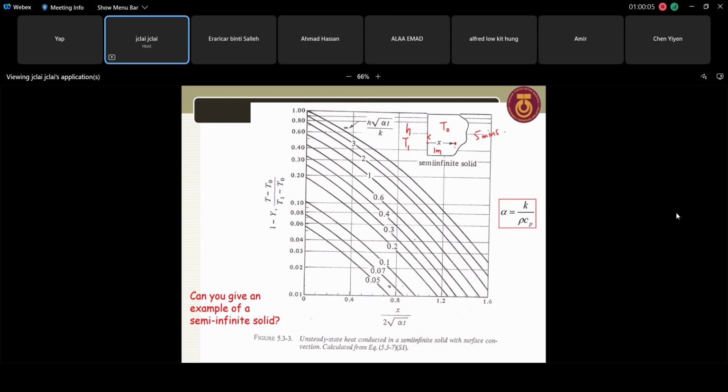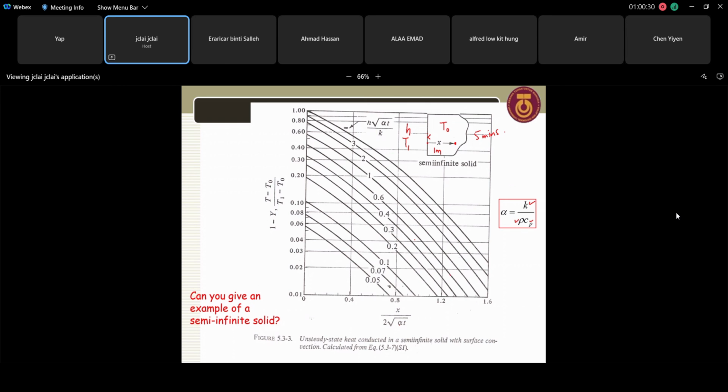Then you can use this graph. The X axis is alpha, where alpha is K, the thermal conductivity of the solid, divided by rho, the density of the solid, and Cp, the heat capacity of the solid.